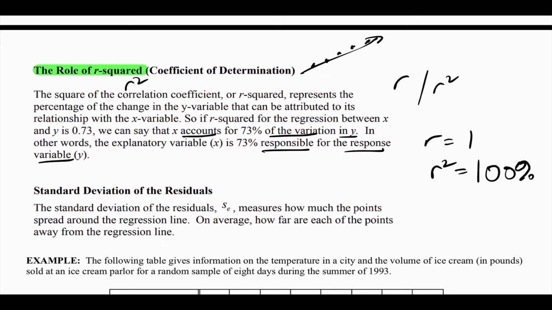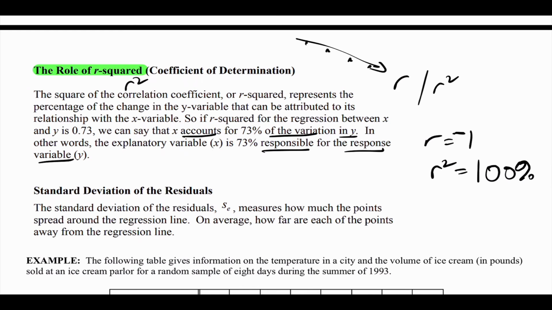They're directly tied. No reason why we would even question that. Or the opposite. If I had one like this, that's a negative 1, right? It would still be 100% because negative 1 squared is 1. So you would say that 100% of the reason why Y is happening is because of X.